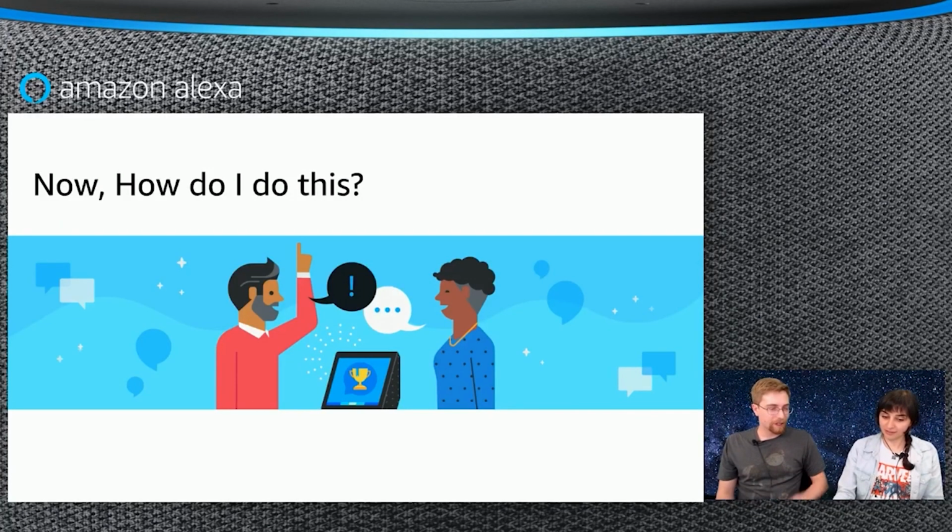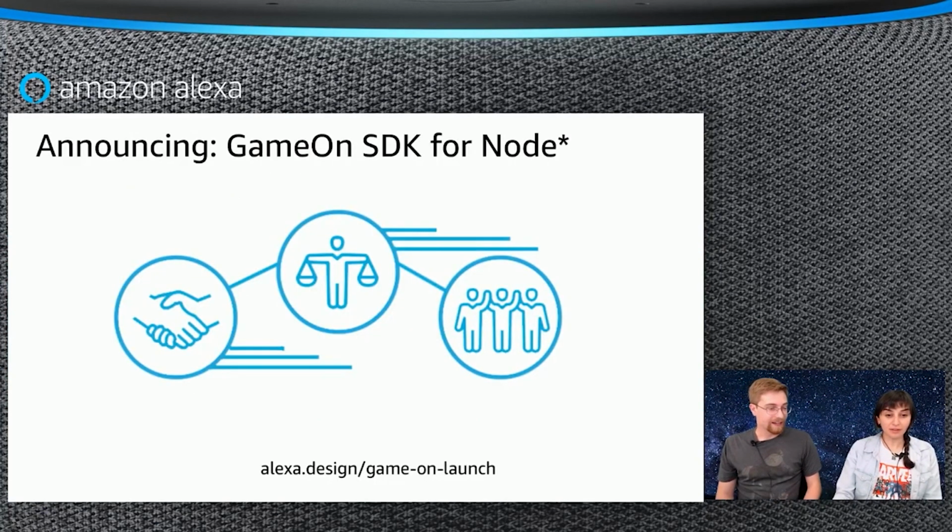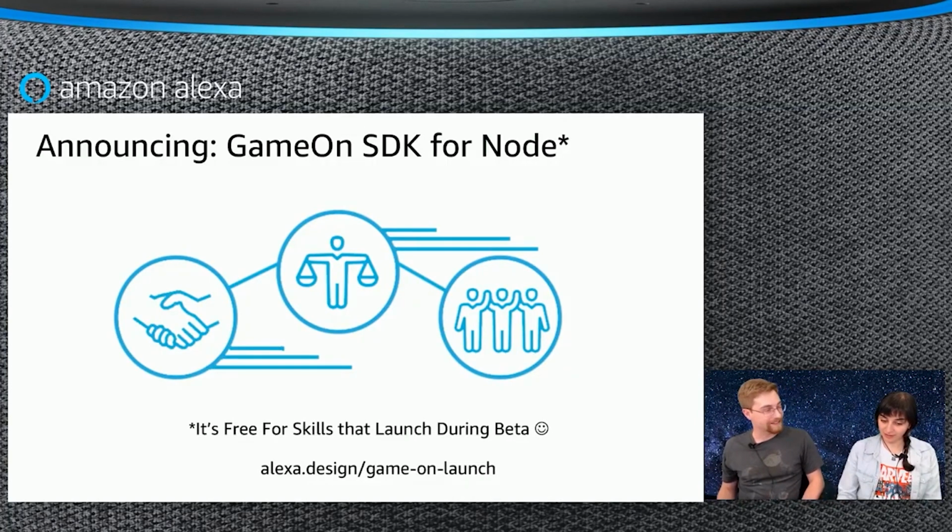We're going to talk about a couple of different ways that we can do some of these things. For leaderboards, we just came out with the GameOn SDK for Node, and it's free if you sign up now, during the beta period. At this address, Alexa Design GameOn Launch, you'll find the blog post where you can do that.